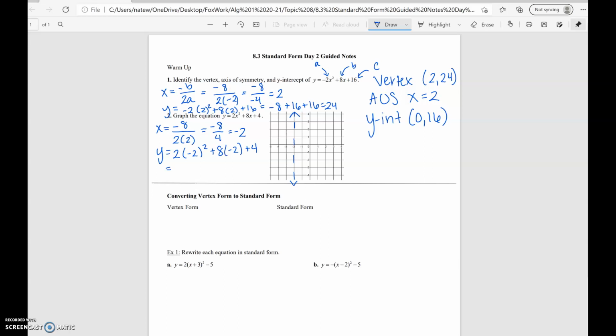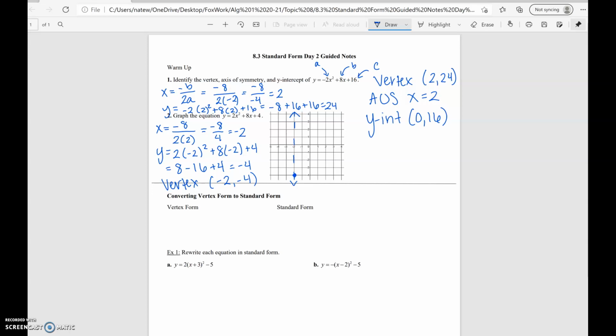So negative 2 squared is 4, times 2 would be 8, and then plus a negative 16, or minus 16, and then plus 4. And that's going to be negative 4. So our vertex is at negative 2, negative 4. So negative 2, negative 4 right here.